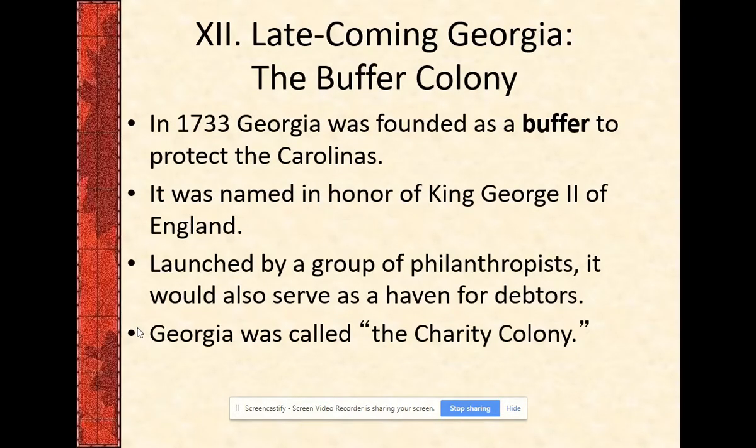The last of the English American colonies to be developed was Georgia. While the other southern colonies were created for economic purposes, Georgia was created in 1733 to serve a political one.